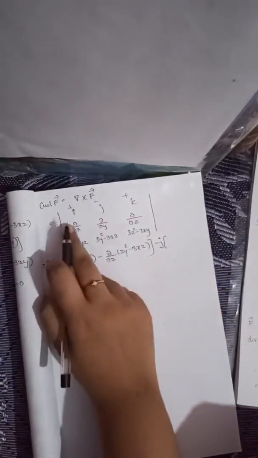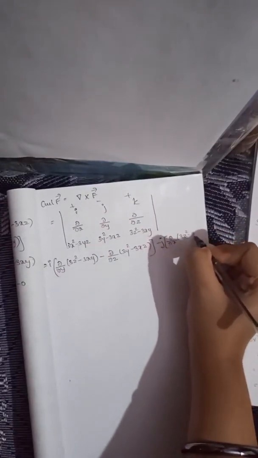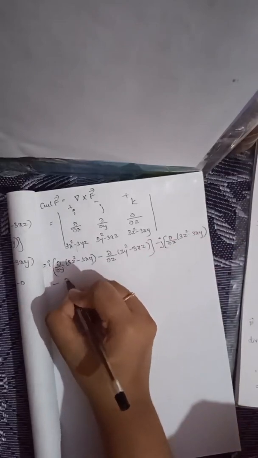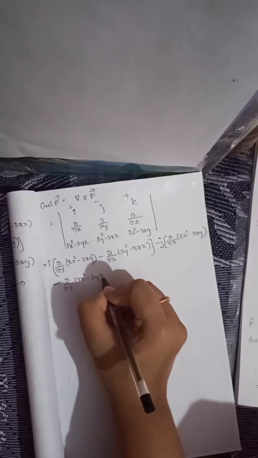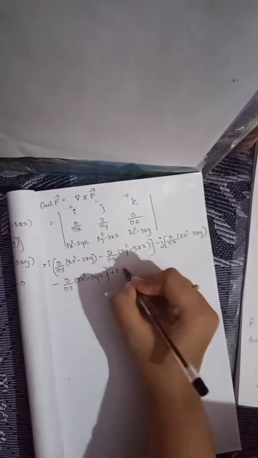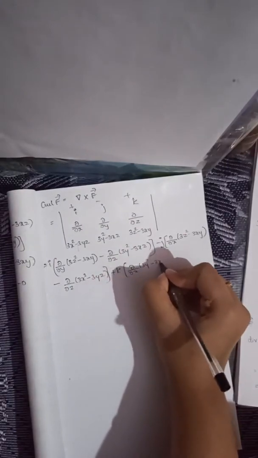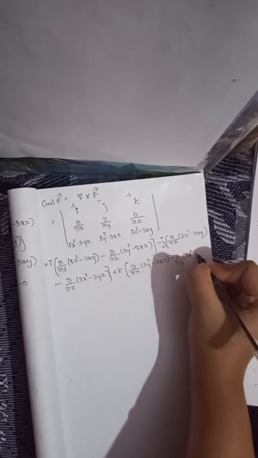This and this eliminate, so ∂/∂x of 3z² minus 3xy minus ∂/∂z of 3x² minus 3yz, plus k into this, and this eliminates, ∂/∂x of 3y² minus 3xz minus ∂/∂y of 3x² minus 3yz.